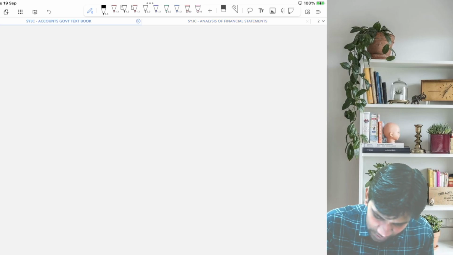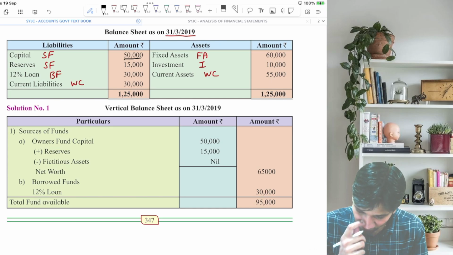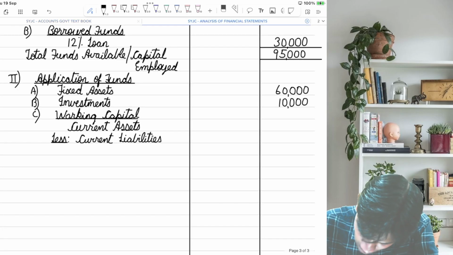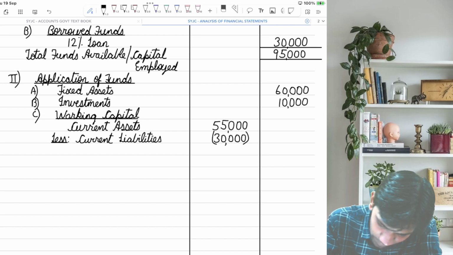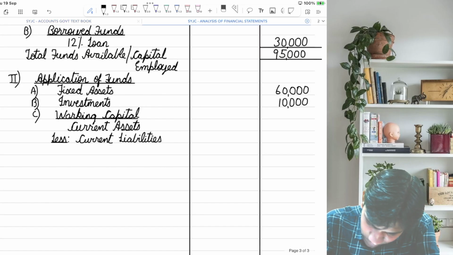Now how much current assets I have? 55,000 and current liabilities 30,000. So we'll go from inner to outer. 55 minus 30,000. I'll keep a bracket so that I don't forget that I have to minus it. 30,000.